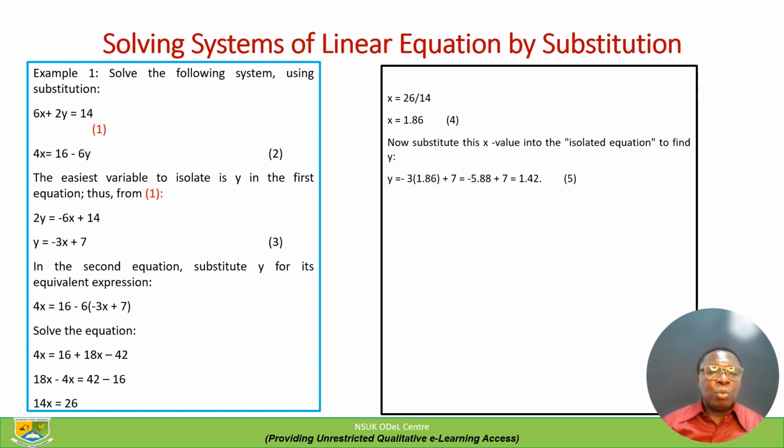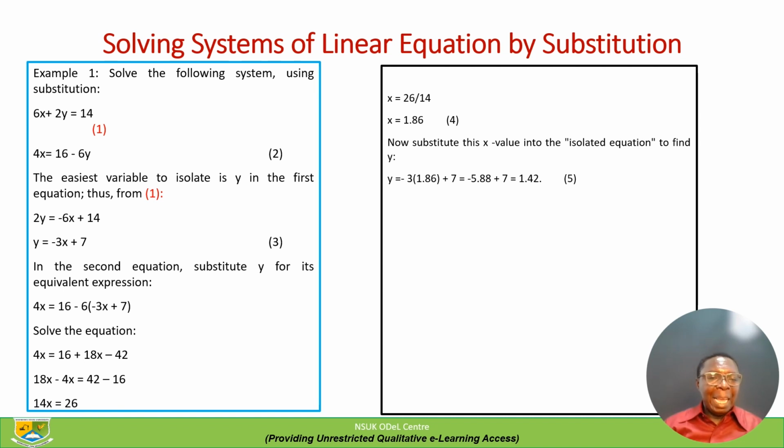In the second equation, substitute y for its equivalent expression. So we say 4x = 16 - 6(-3x + 7). Solve the equation. We say 4x = 16 + 18x - 42. So now, 18x - 4x = 42 - 16.